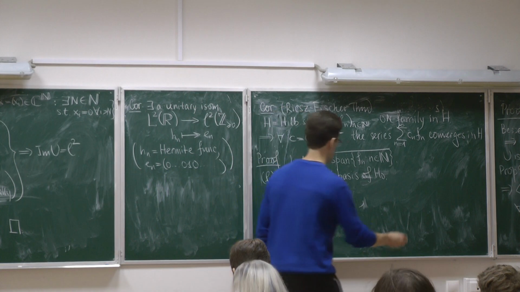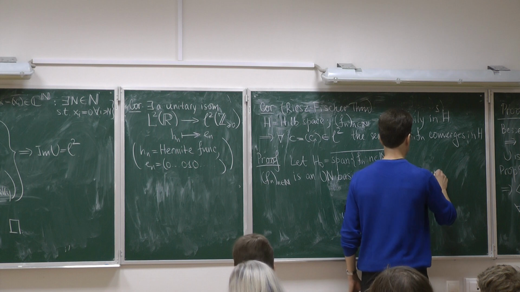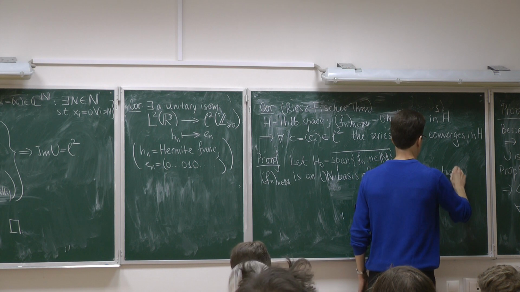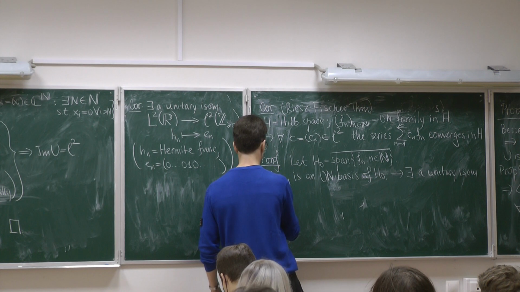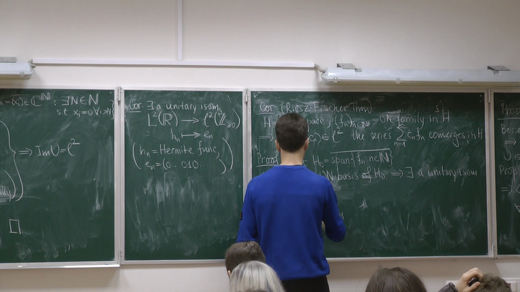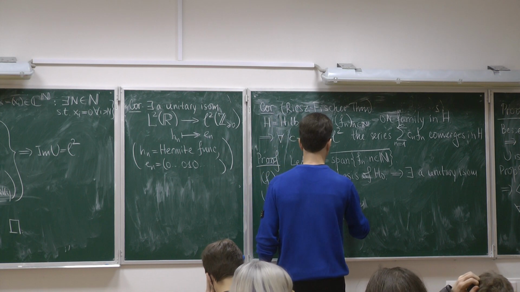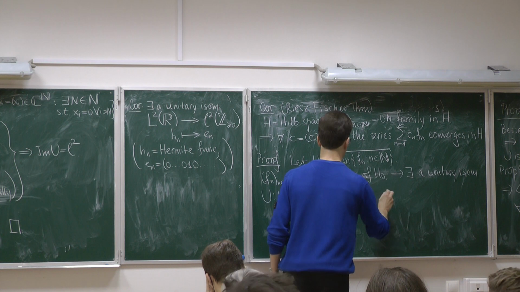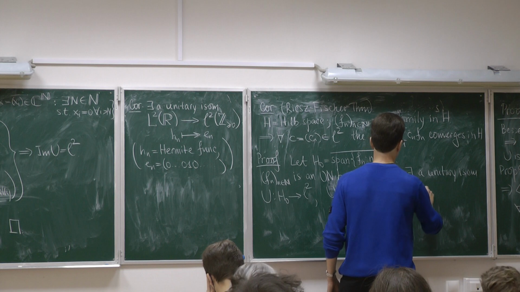So our theorem implies that there exists a unitary isomorphism U from H0 to little l2, which takes each Fn to the nth element En of the standard orthonormal basis.